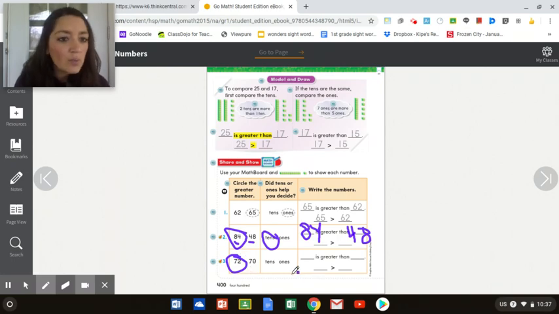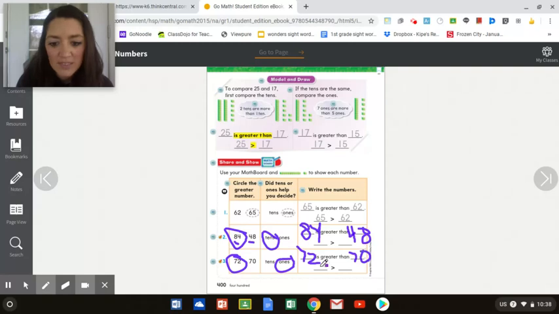So what did we look at here? Did we look at the tens to help us or did we look at the ones? We did not look at the tens because the tens were the same, so that didn't help us. We looked at the ones. So what is greater? 72 is greater than 70.